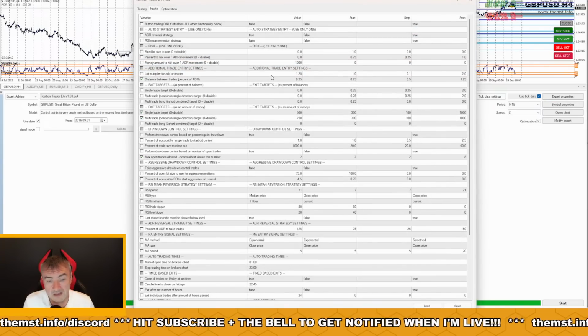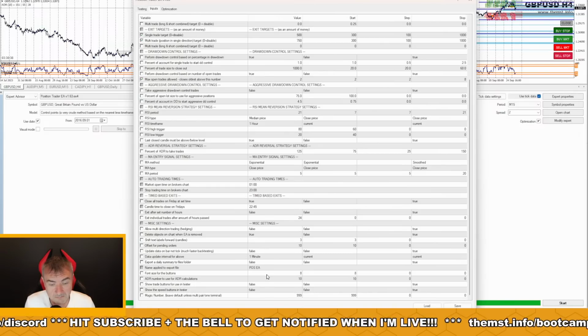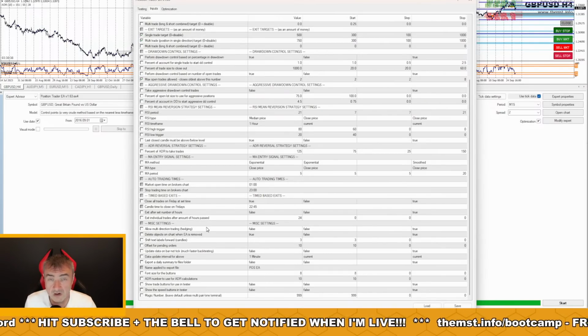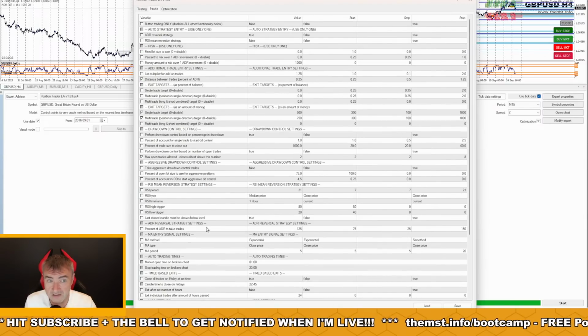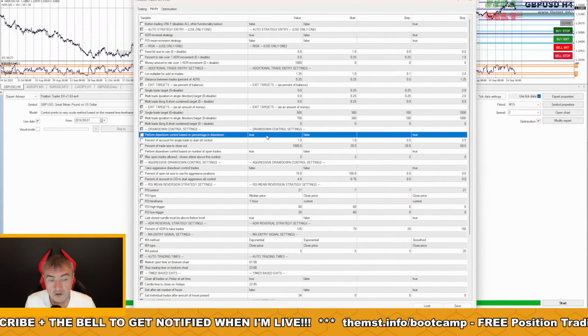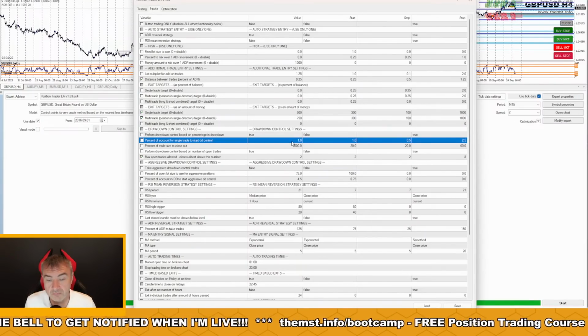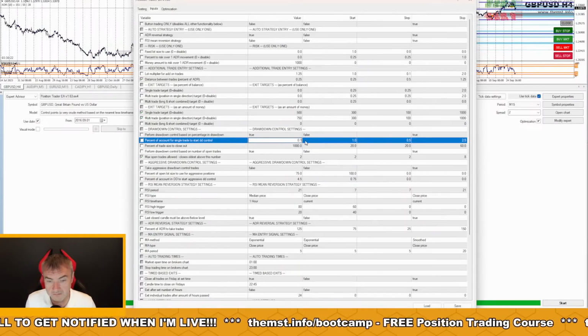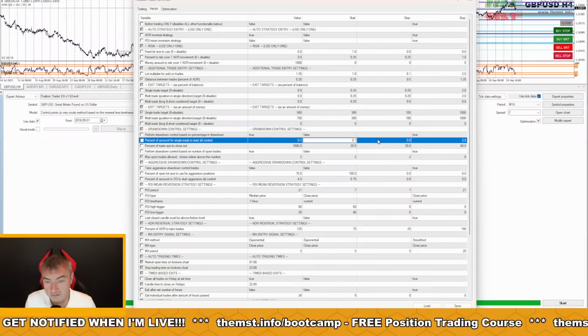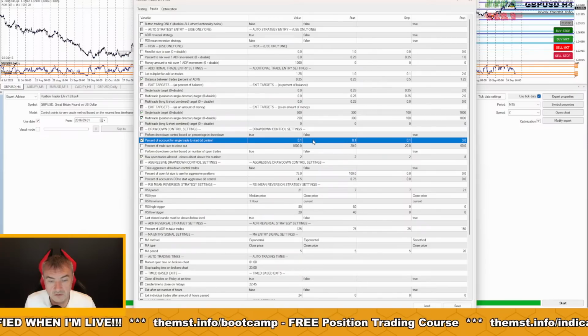When you look at my EA, for example, this is the position trader EA. I don't know how many inputs there are, but every single one of these is a potential parameter test. So drawdown control, use it or don't use it. If you do use it, should you use 0.1 in 0.1 increments up to 3?